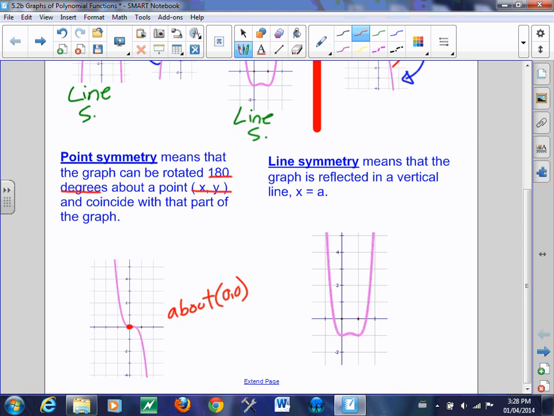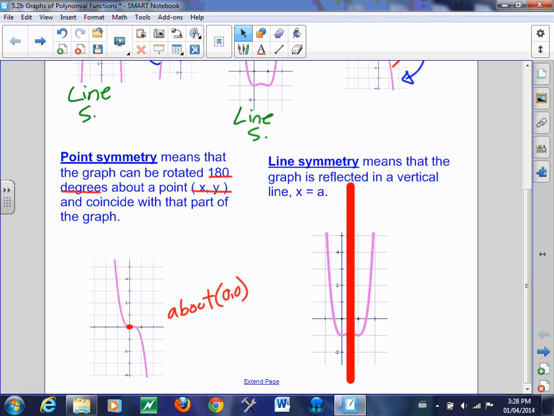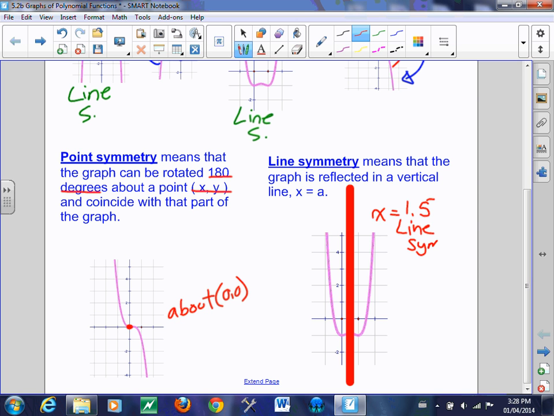For line symmetry, it's a line, and let me just move this one down. Here, this is approximately x equals 1.5, or 3 over 2. This is the line of symmetry.